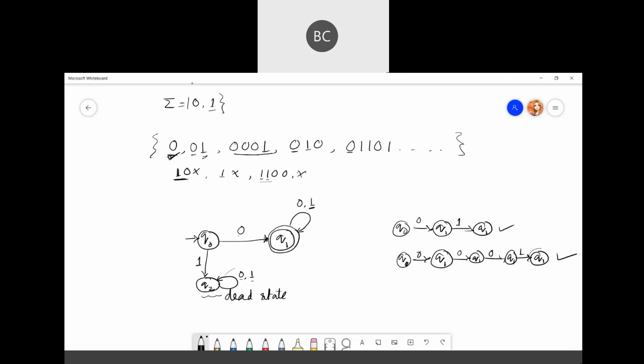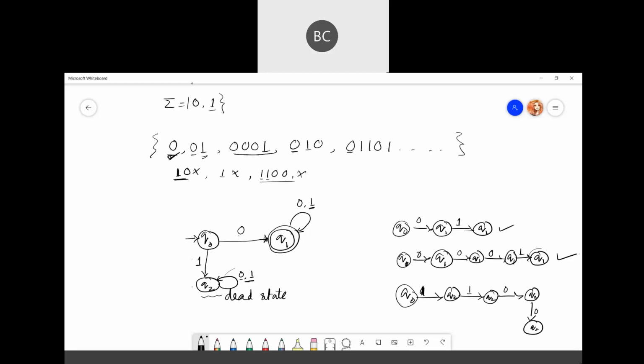So for example, you are reading 1, 1, 0, 0. After reading 1, it will come to Q2. From Q2 again, it's reading 1 and it is coming back to Q2, and it's taking 0 again in Q2 and again in Q2.